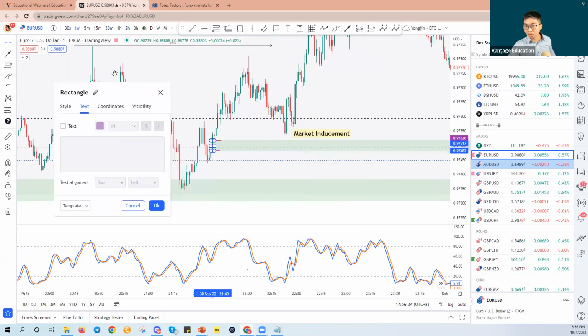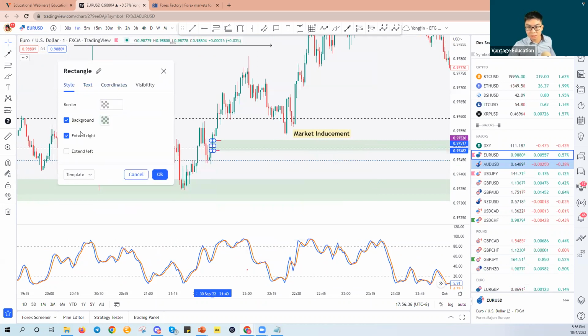Let's say the style for boxes extended, the style is extend right. So you can save it as extended box green. You can take a screenshot of my rectangle boxes, how I draw them. So we have a box blue, green, red, extended box blue, green, red. Do screenshot this down before we continue.